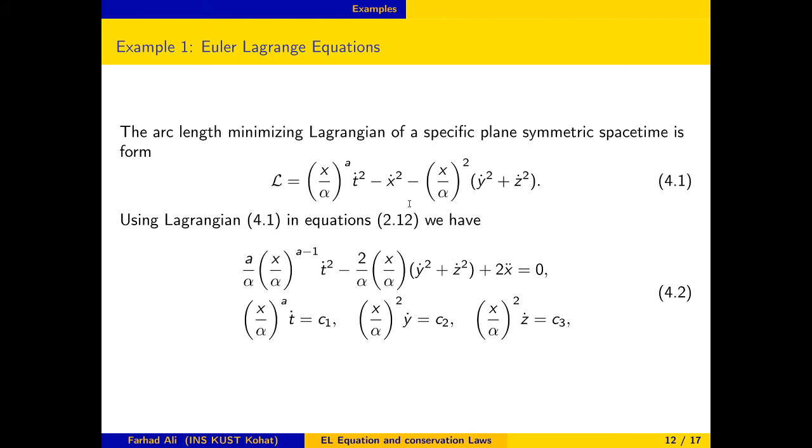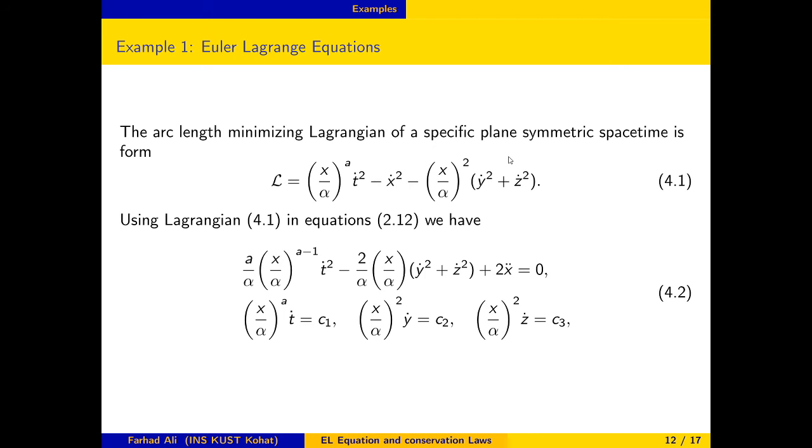Let's decide first what are the independent and dependent variables in this Lagrangian. The dependent variables are t, x, y, and z, and the independent variable is s, the arc length parameter. This t dot is the derivative, dt by ds, the derivative of t with respect to the arc length parameter.